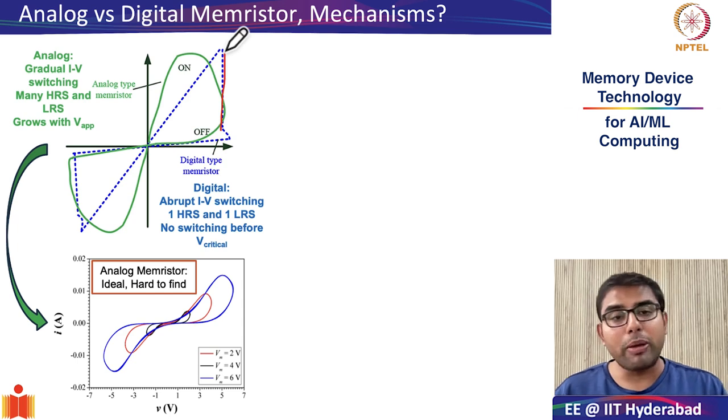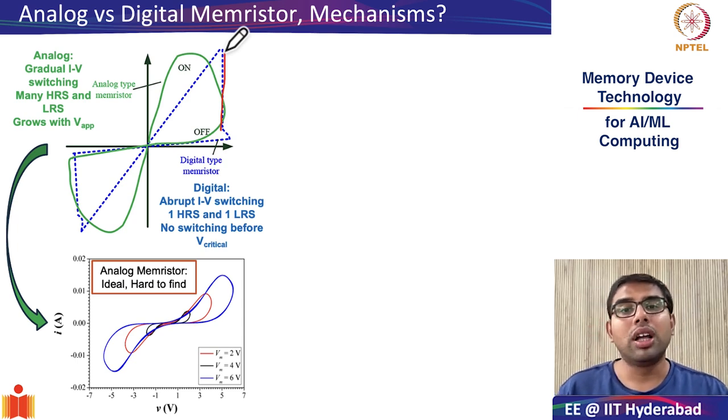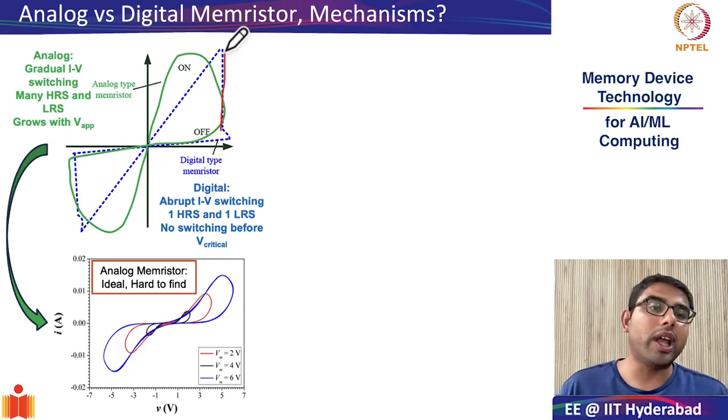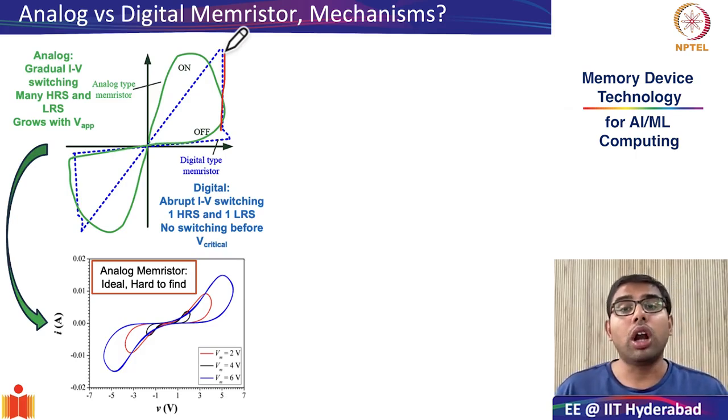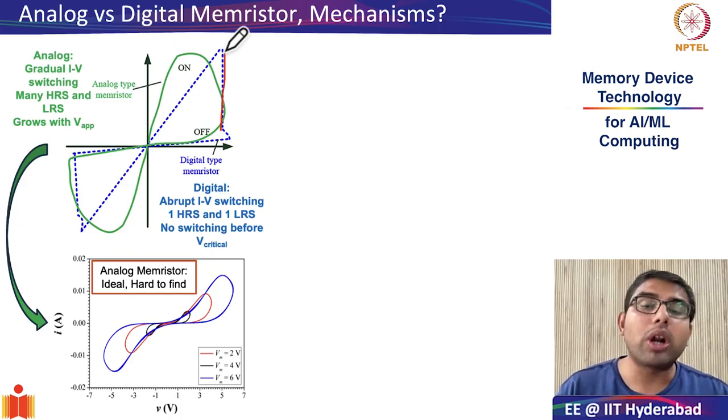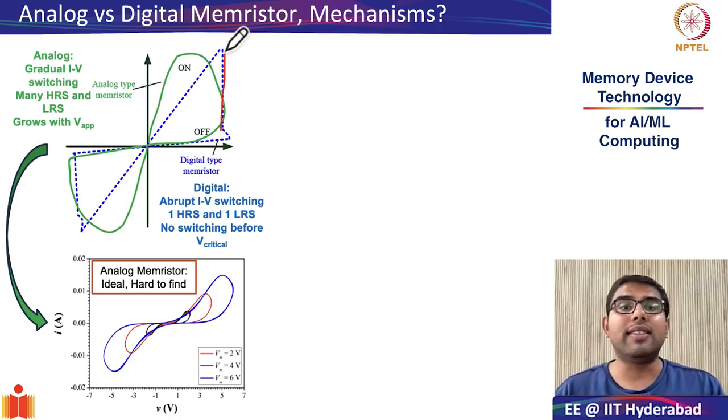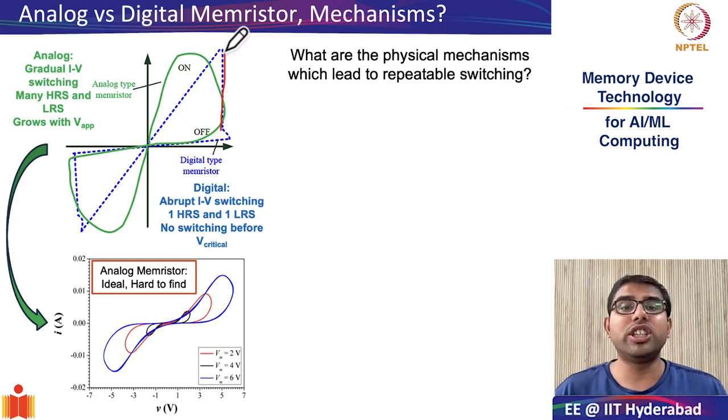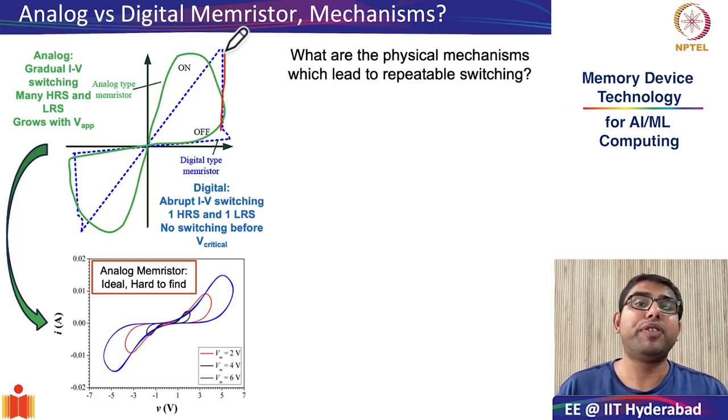Digital memristors are used for two-level memory, for more traditional forms of computing. Analog memristors are used for more analog computing, and we will study more about analog computing in the coming lectures. So, coming back to our original question, what are the physical mechanisms?